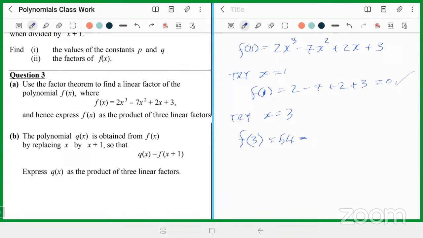What is 7 times 9? 63. And then 3 right here makes that a 6. And then we're adding back a 3. That doesn't give us 0. It's a wrong value.